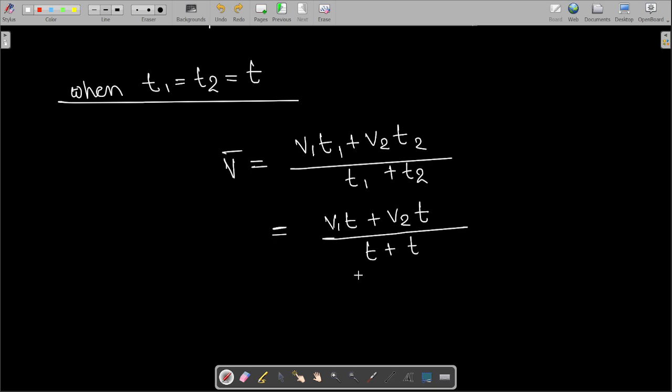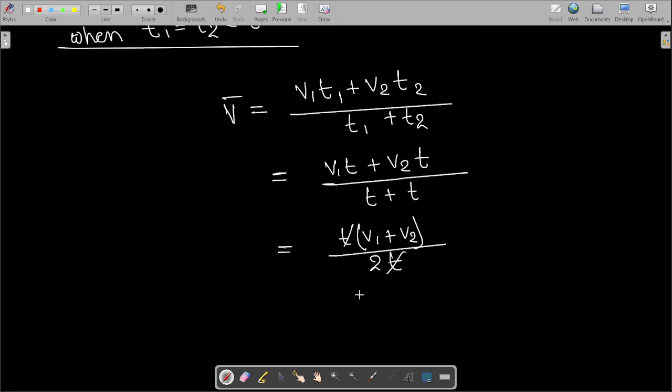Barsa, please turn off your mic. Good. Now I took t common, so it will be v1 plus v2, and added 2t here, it will be 2t. t will get cancelled, so the final expression will be v bar equals v1 plus v2 by 2. It is the most important formula.